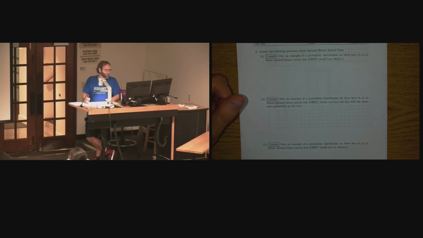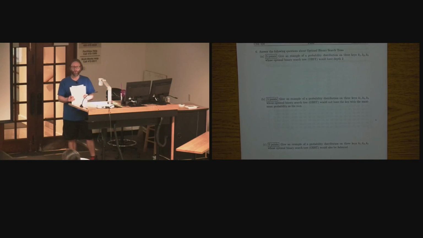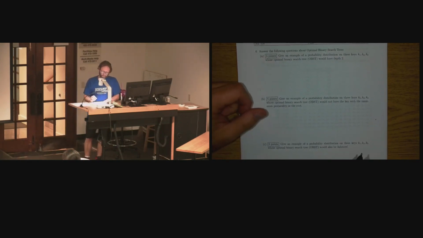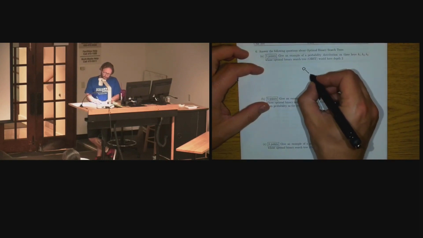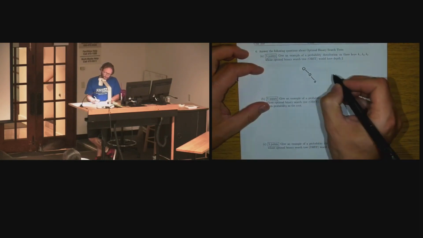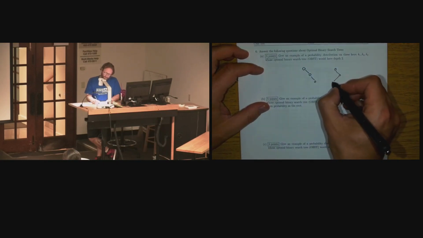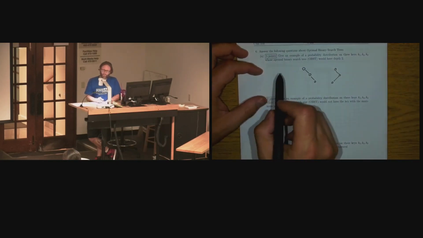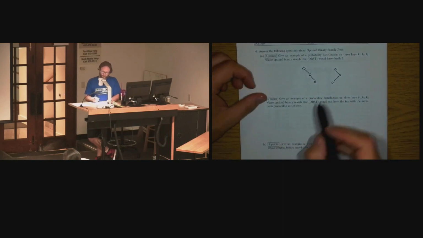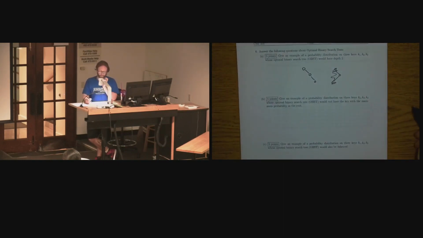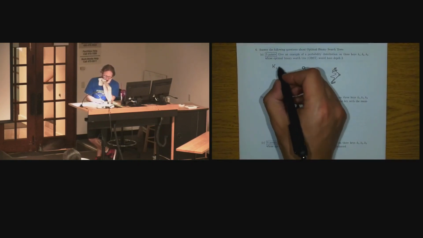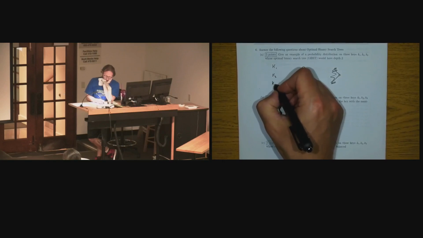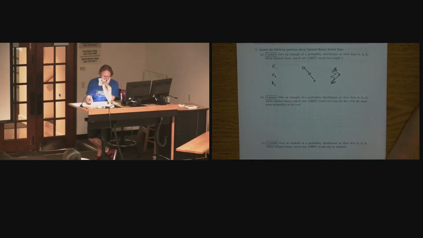Give an example of a probability distribution on 3 keys whose optimal binary search tree would have depth 2. So we want a tree with 3 keys that looks something like this, or it could look something like this, or it could be skewed to the left, or skewed to the left, then right. Let's go ahead and consider this. Give me a distribution on keys such that this is optimal. What would I need to do to make this optimal?